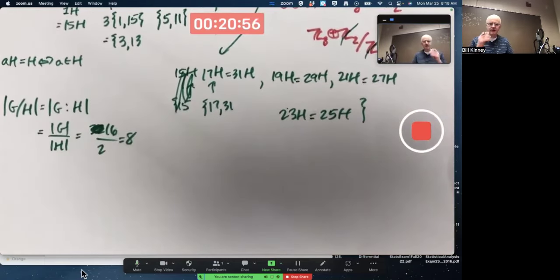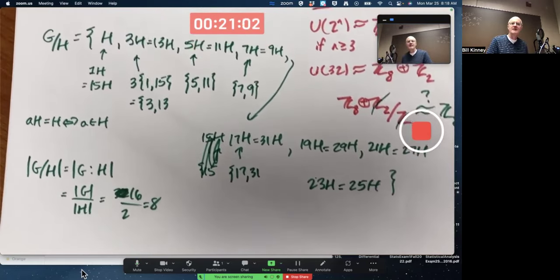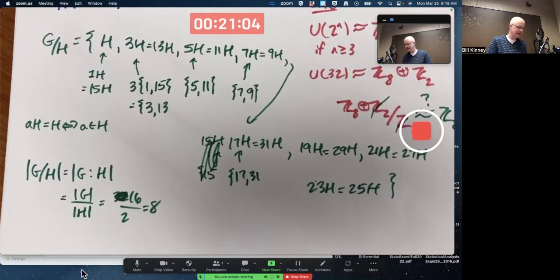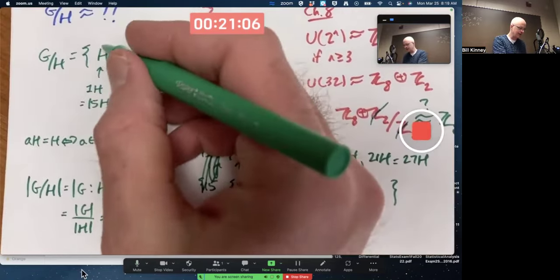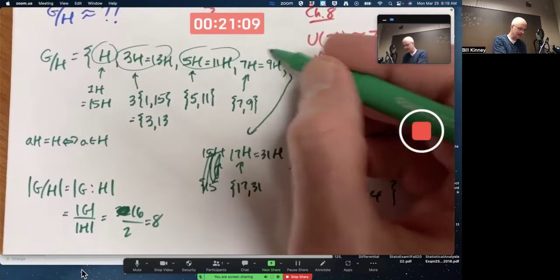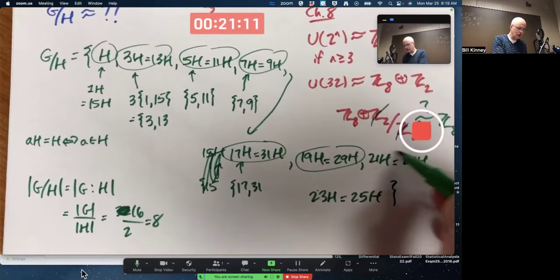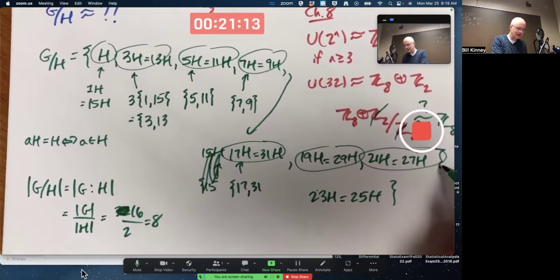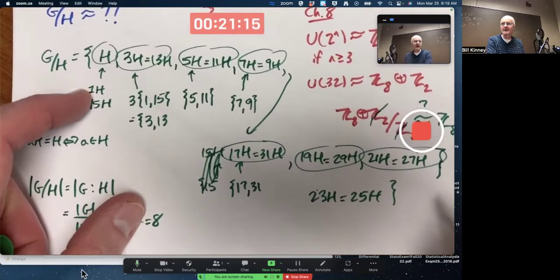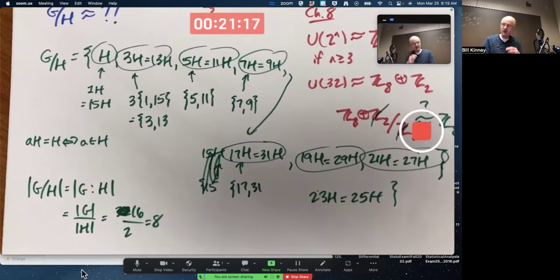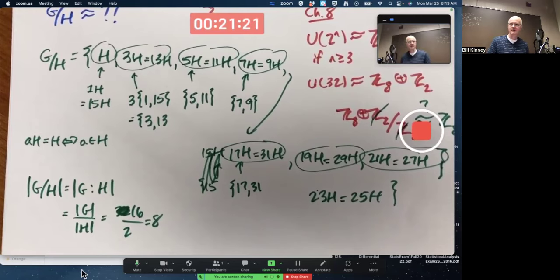If you want to be sure of everything, maybe you were able to do that quicker and you just weren't quite sure of everything. These are the 8 elements in this factor group. I wrote them each in 2 ways, and actually the first one in 3 ways, but you only have to work with them with one of those ways. You only need one representative.